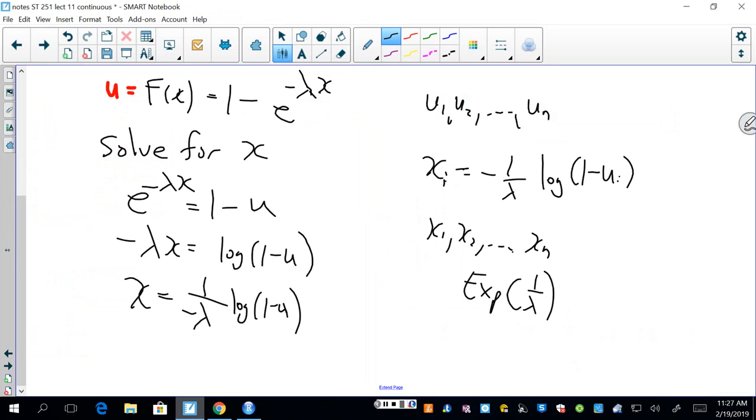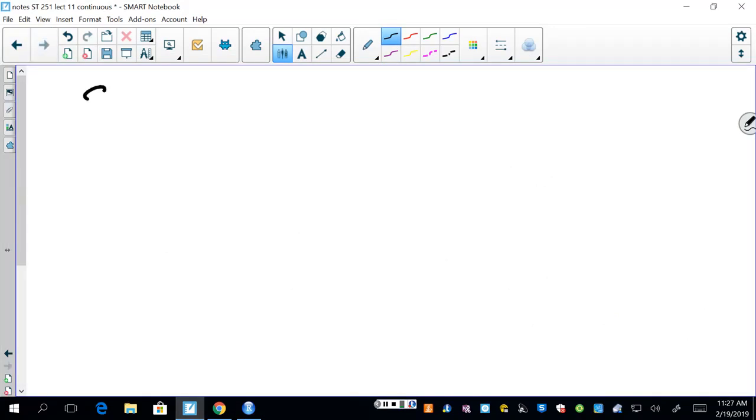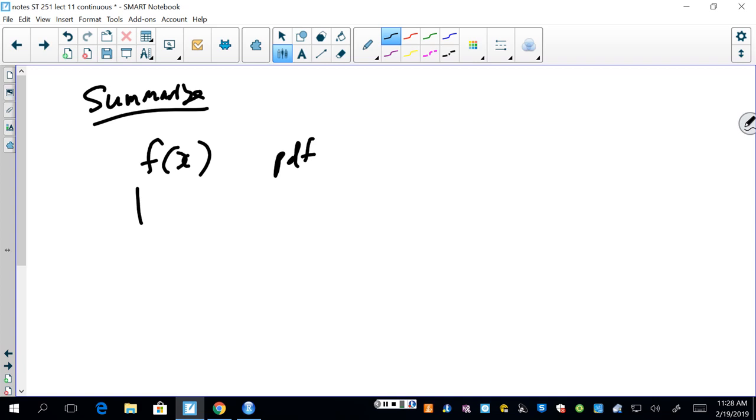So what have we done? To summarize what we've done so far, we covered continuous random variables. There's a density function, the probability density function, or PDF. There's a cumulative distribution function, or CDF. We've calculated the expected value and at least talked some about the variance.